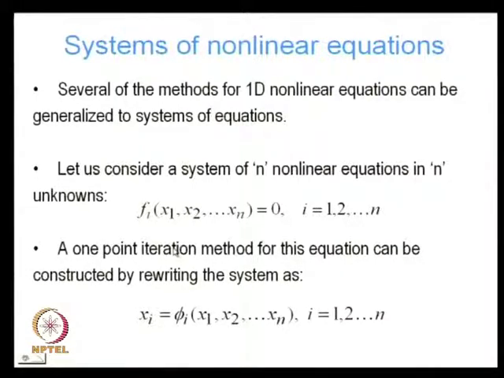If we can write that, we can construct an iterative scheme. Similarly, in multi-dimensions, we construct a series of n equations: x1 is equal to phi 1 of x1, x2 through xn, x2 is equal to phi 2 of x1 to xn, and so on and so forth. Again the same n equations, we are just rewriting them as xi is equal to phi i of x1 through xn.